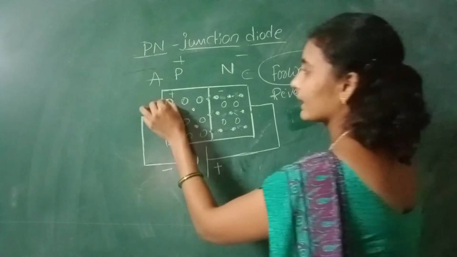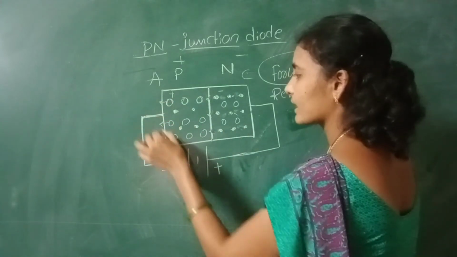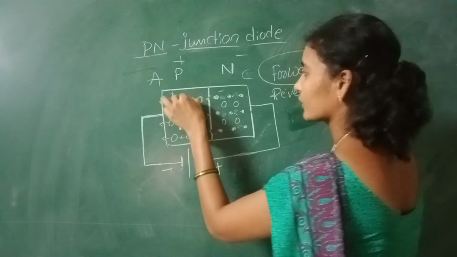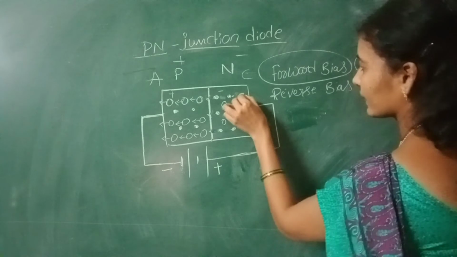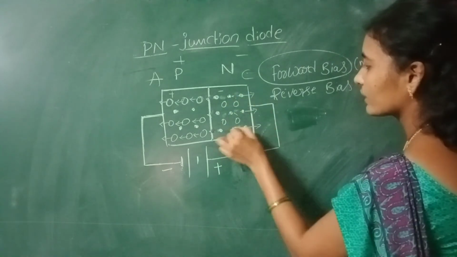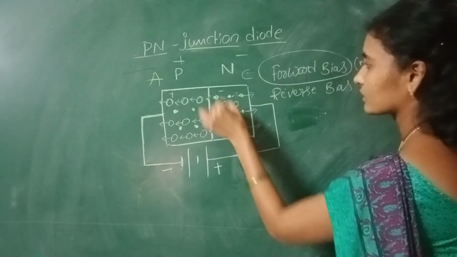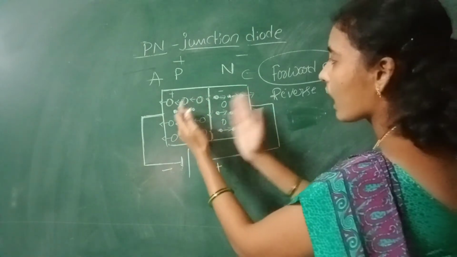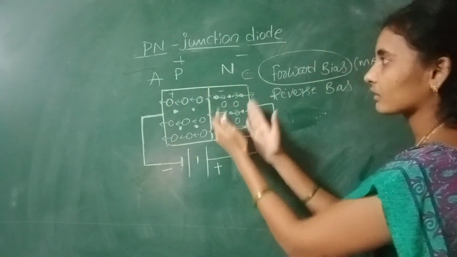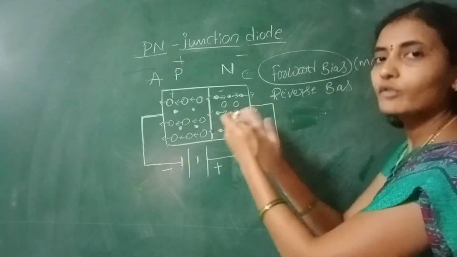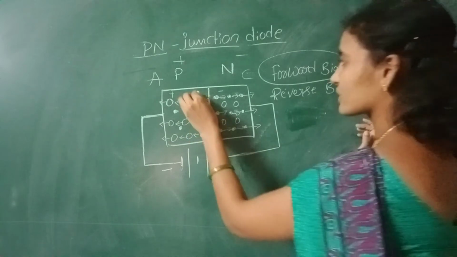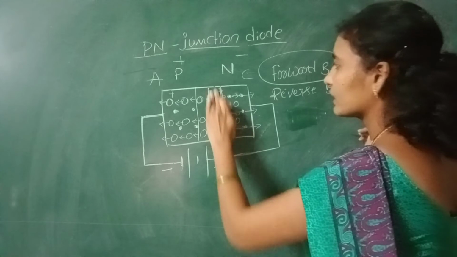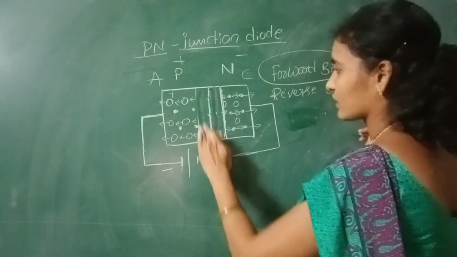So holes move away from the junction, and in the same way, electrons also move away from the junction. All the holes in the P region and all the electrons in the N region move away from the junction, so we can observe an empty place at the junction.